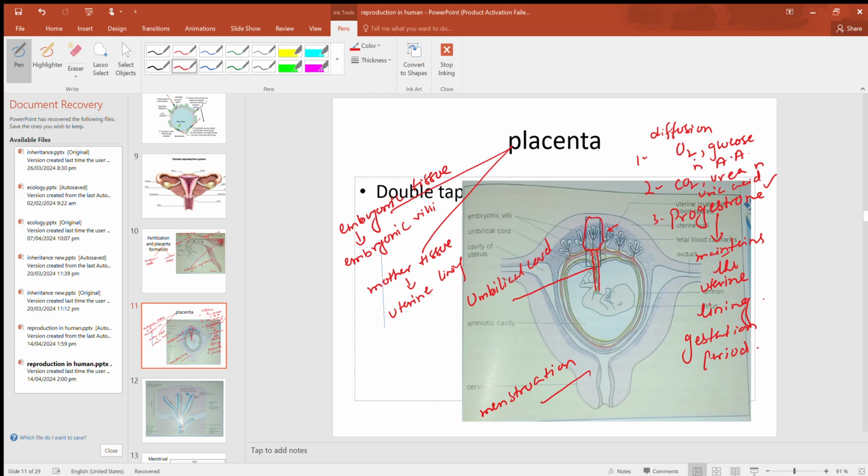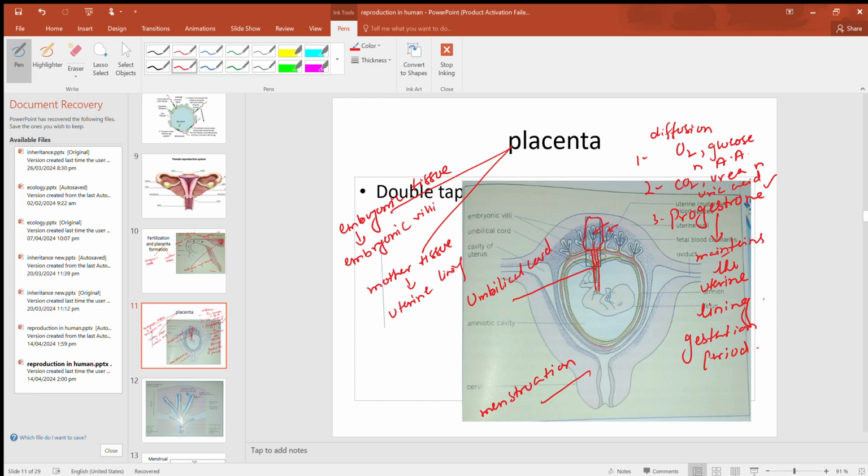So the oxygen, glucose and amino acids which diffuse from the mother's blood spaces first gain entry into the blood capillaries present in the embryonic villi, and then these capillaries will unite and form what?